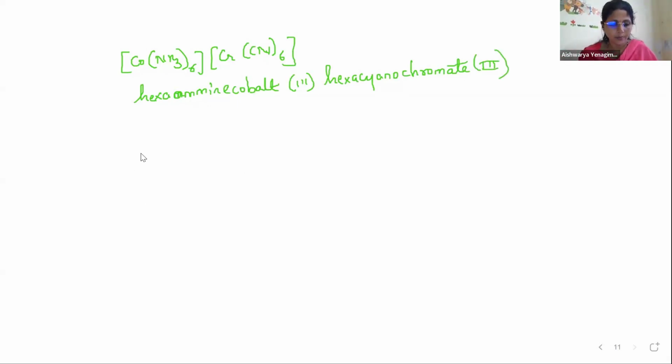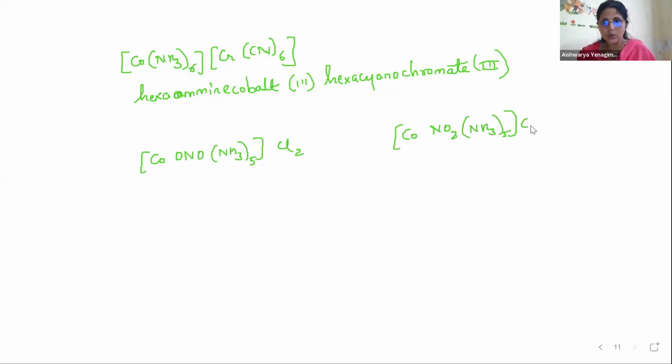Take another compound. I'll give you [Co(ONO)(NH3)5]Cl2, or the compound [Co(NO2)(NH3)5]Cl2. How do you write the name for this? Yes, the names are written like this.